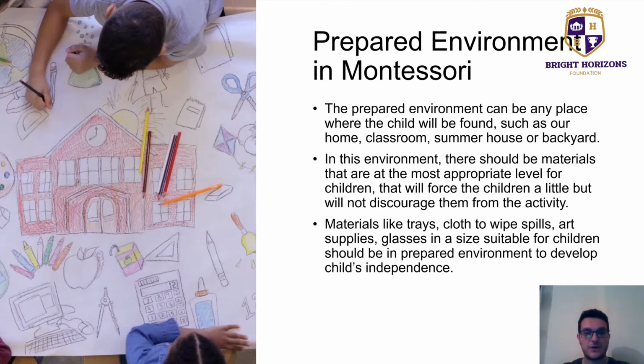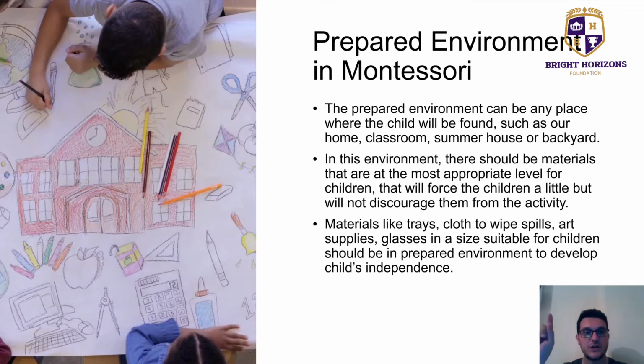In this environment, there should be materials that are very critical and at the most appropriate level for children, that will challenge children a little, but will not discourage them from the activity.